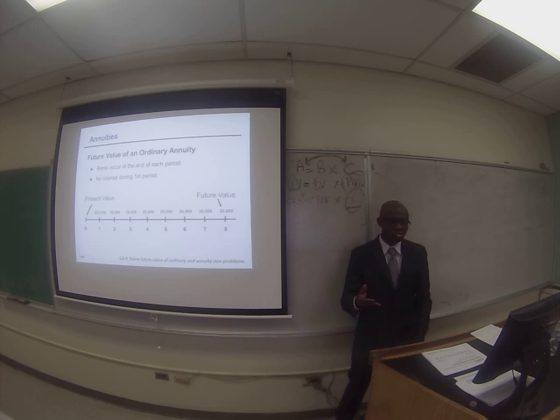Okay, so no interest during the first period, because as you can see with this illustration, this is the beginning, and the first payment is due at the end of the first period, be it monthly or quarterly. So from the beginning to the end of that first period, there is no interest.